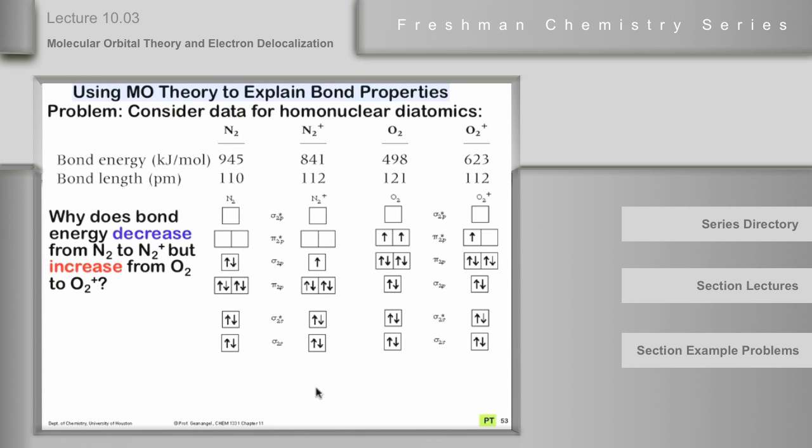You take this diagram and sit down and calculate the bond order. N2 is 3, N2+ is 2.5, so it should go down. But O2 goes from 2 up to 2.5, so it should go up. The valence bond model has not a prayer of accounting for this, and even the simple molecular orbital picture gets it right on the money.